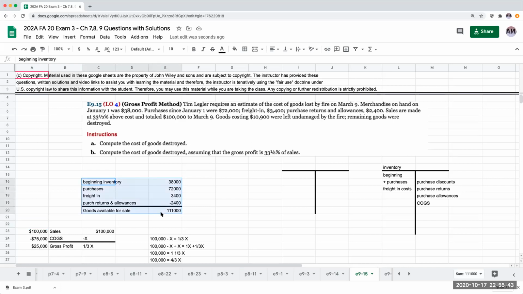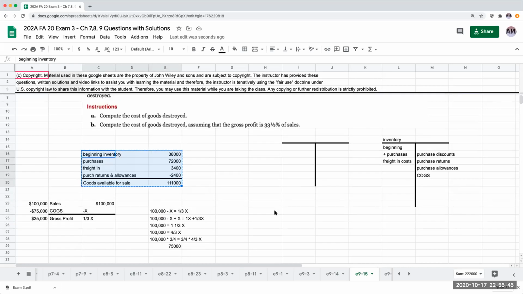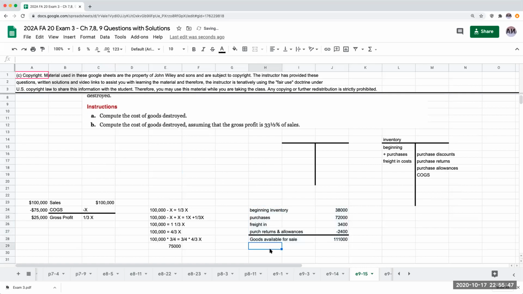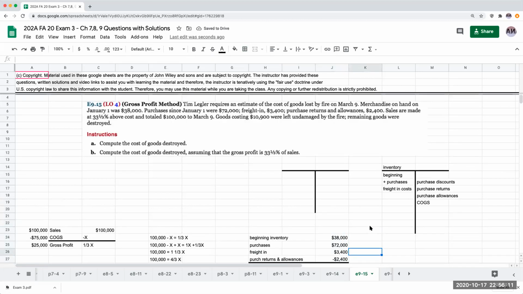So going over here, we'll move this over for ourselves. My goods available for sale were 111,000. Okay, so my cost of goods sold were 75,000. So my ending inventory was going to be 36,000. Now, that's my ending inventory. However, and this is what I was looking for, is what was destroyed by the fire.